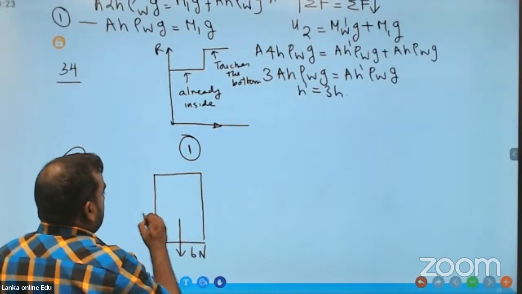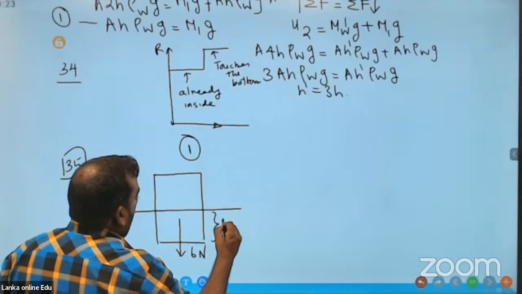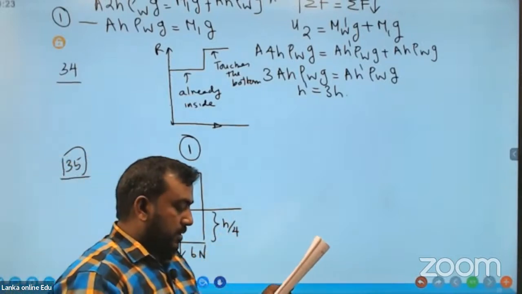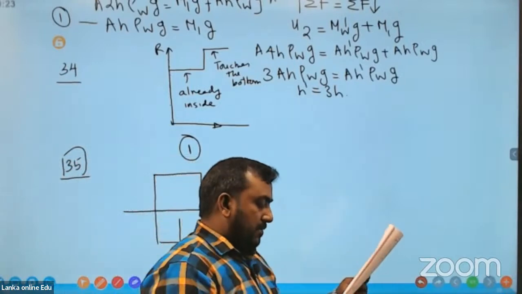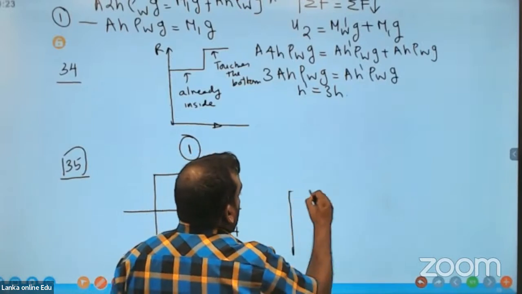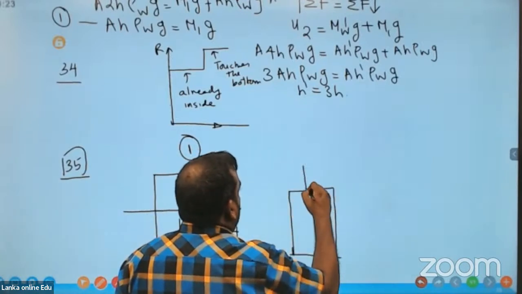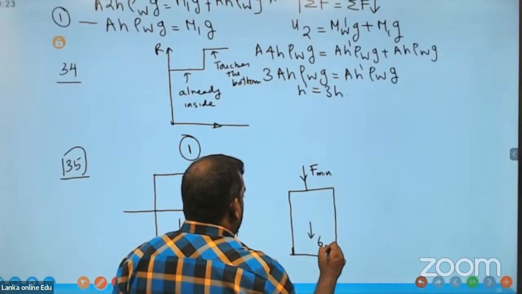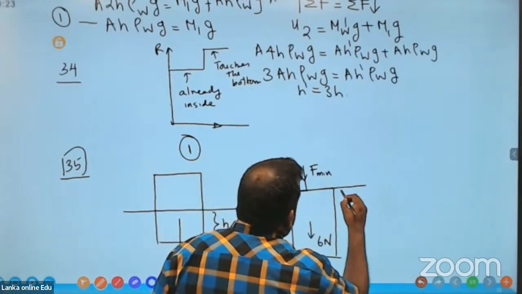Part of the height submerged. The minimum vertical force required to immerse the cylinder completely. So what is the minimum vertical force with the weight to completely submerge?